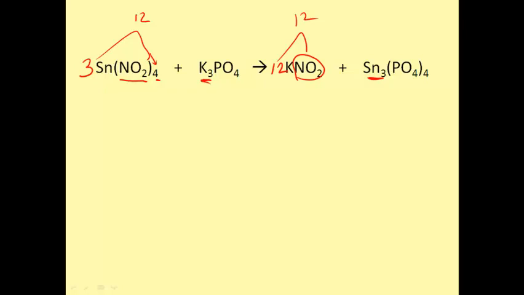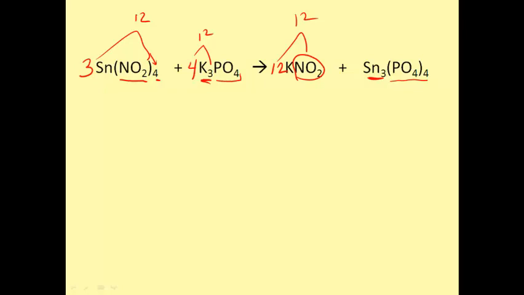To make this number of potassiums equal 12, we put a 4 in front of this whole compound. When you multiply 4 times 3, that gives us 12 potassiums. It also gives us 4 phosphate molecules, and if we look over on the product side, we see that there are already 4 phosphate molecules on that side. So our equation is now balanced.